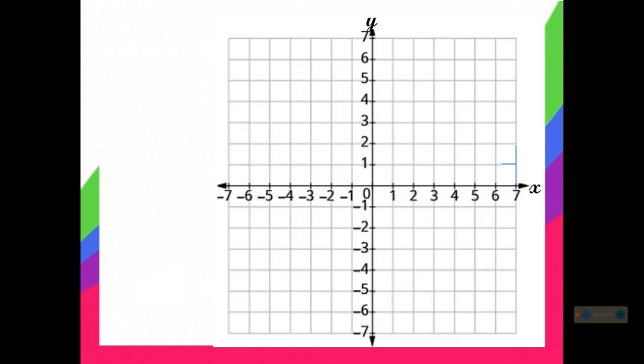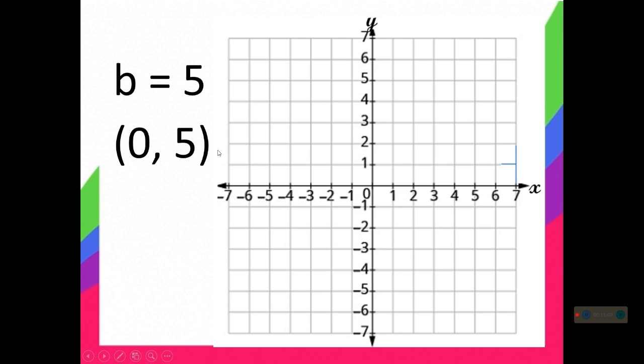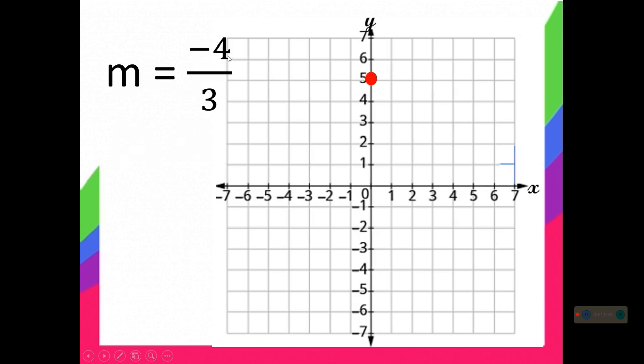The next step is for you to plot the y-intercept, b equals 5, or (0, 5). It is positive, so you go to the upper y, the positive y. So we have here (0, 5). Then we are going to use the slope, negative 4 over 3. From this (0, 5), we count 4 units downward because it is negative: 1, 2, 3, 4.